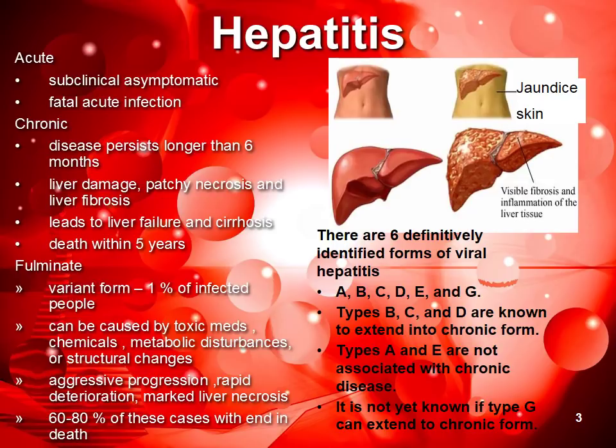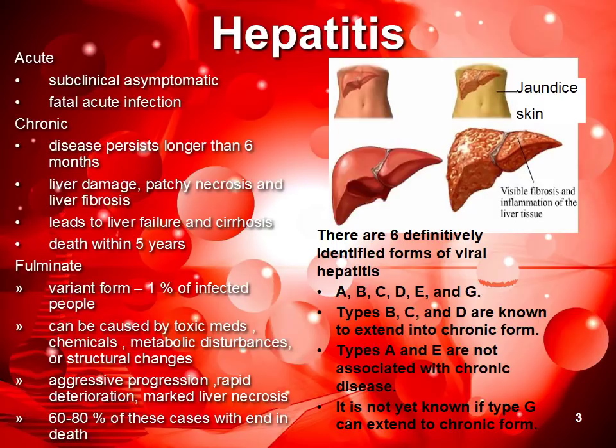Fulminant hepatitis, also referred to as fulminant hepatic failure. While this is a variant form of hepatitis, it occurs in about 1% of infected people, mostly those who have hepatitis B or hepatitis B with concurrent hepatitis D infection.